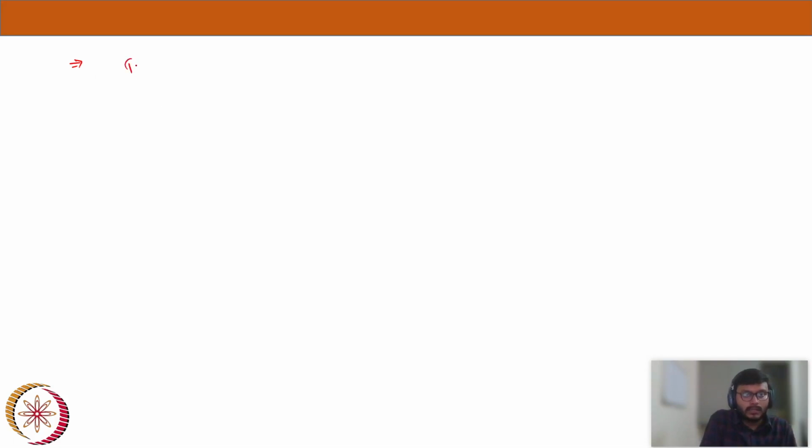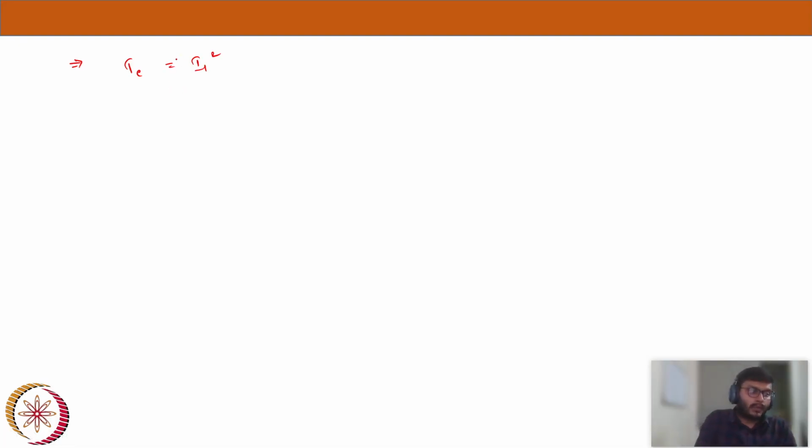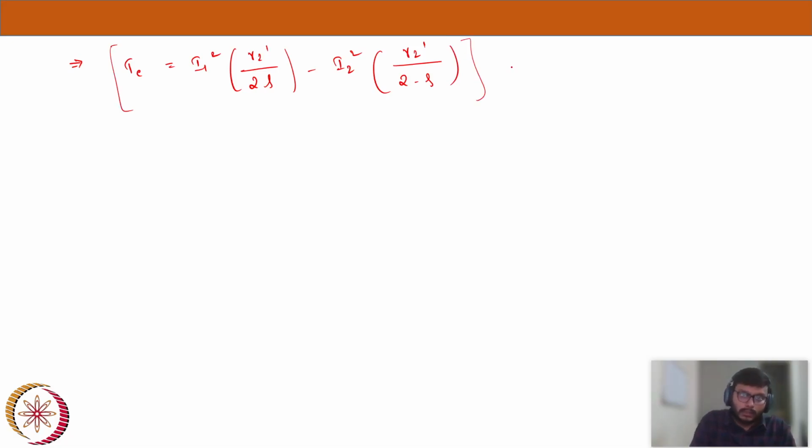We can also write TE equals I1 square multiplied by R2 dash by 2S, minus I2 square multiplied by R2 dash by (2 minus S). This is the developed torque, and here I1 equals 2 times IF, and I2 equals 2 times IB.